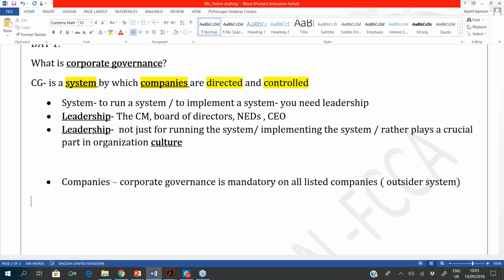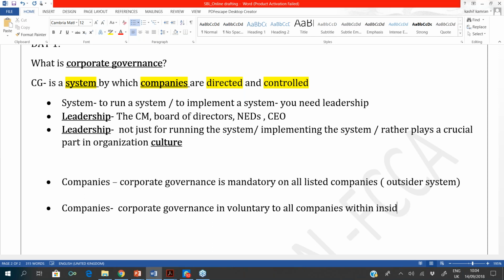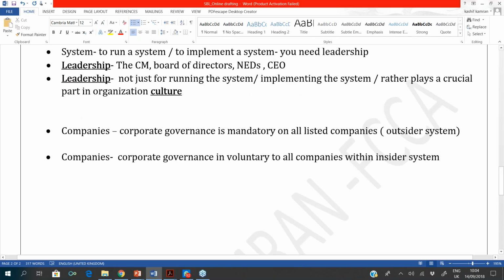Secondly, which companies? Corporate governance is voluntary to all companies within the insider system.